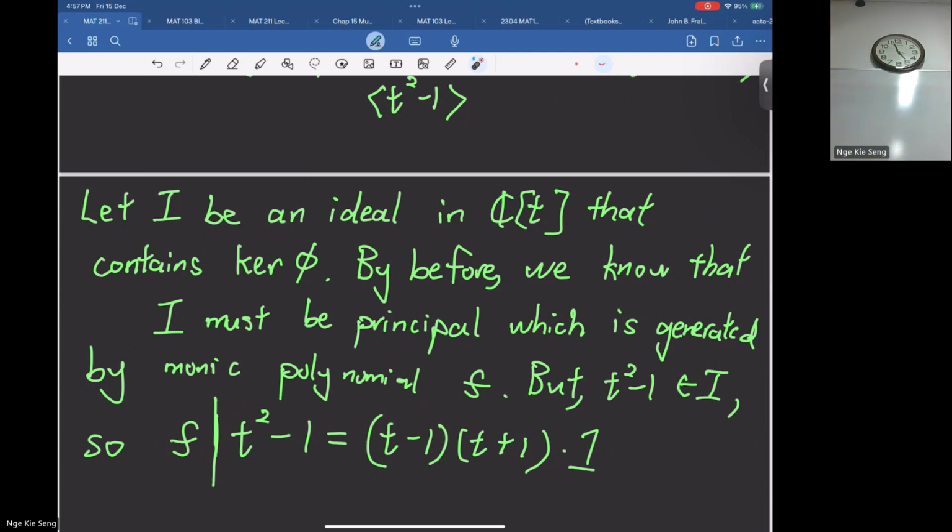Make sense or not? Okay, so you need to know how to do factorization. Very important. So factorization, F divides this.